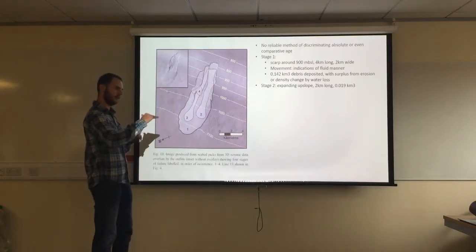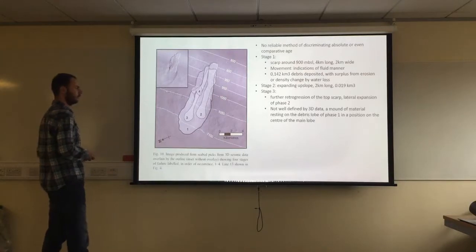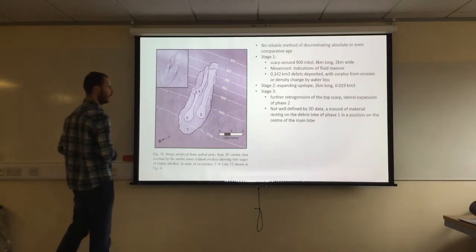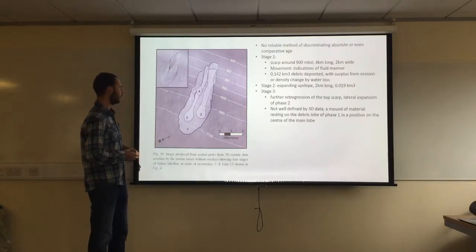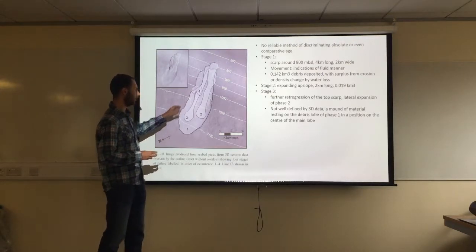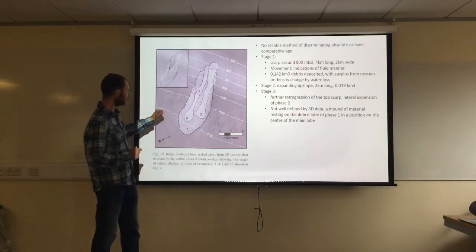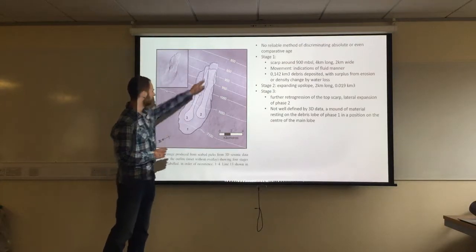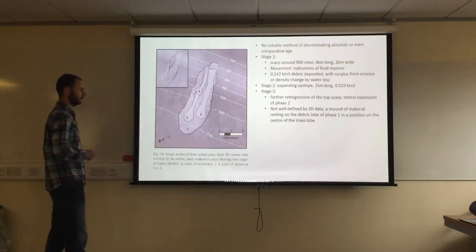So it made the slope a bit more stable. And then there was a further stage, whose characterization is not quite certain. It's quite hard to see in the 3D data, but based on the seismic data, they could somehow distinguish two separate lobes for stage 2 and stage 3.